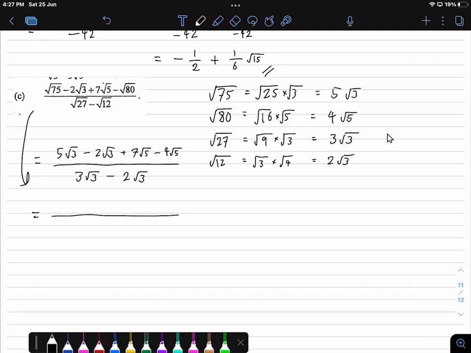Simplify, denominator 3 copies, 3 apples minus 2 apples, you're left with 1 apple, just a root 3. Numerator 5 minus 2 is 3 copies of root 3. Then 7 copies minus 4 copies plus 3 copies of root 5.